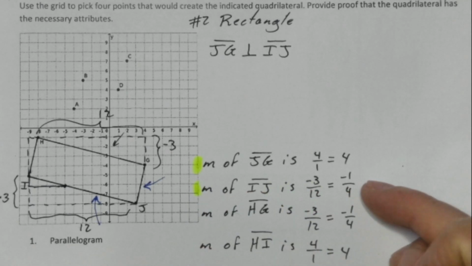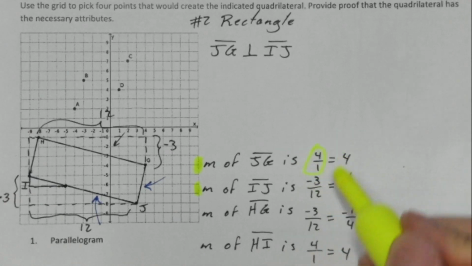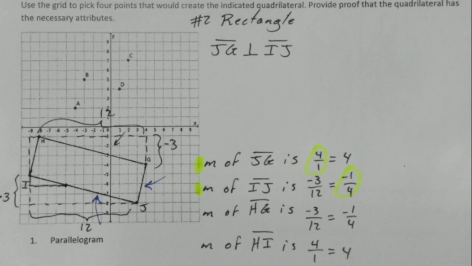If you notice the slopes, first of all, they're flipped. That's the reciprocal. And second of all, one of them is positive and the other one's negative. They're opposite signs. So these two are perpendicular because their slopes are opposite reciprocals.